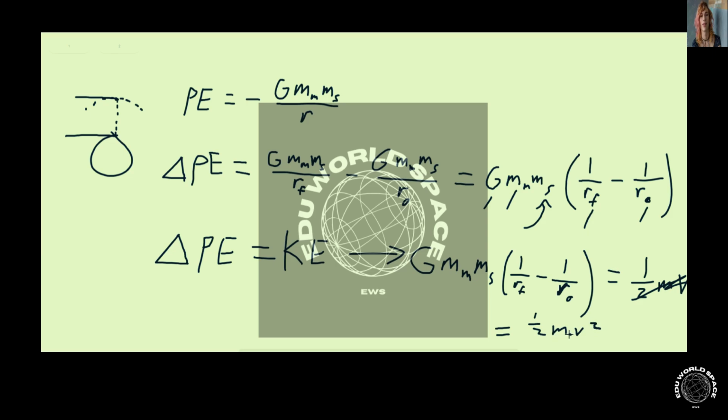Now this m is the mass of the spacecraft, so since they're equal, we can actually divide out the masses of the spacecraft.